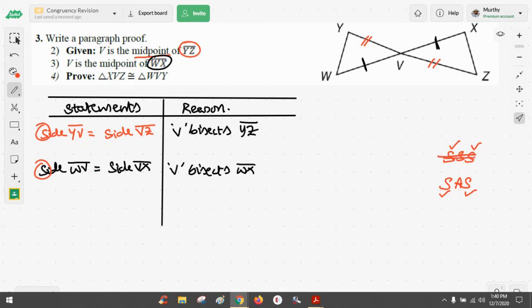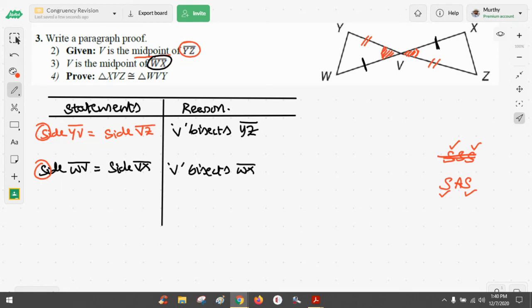So how about SAS? SAS means the angle in between the given two sides. Oh my gosh, these angles are not marked. But I know that just by marking these two, I can sense that these two angles are equal because whenever two straight lines intersect, vertically opposite angles are equal.